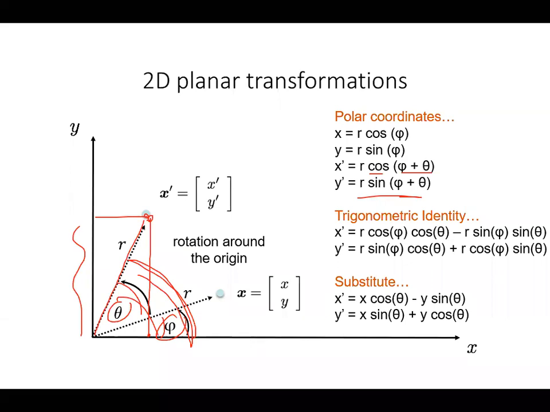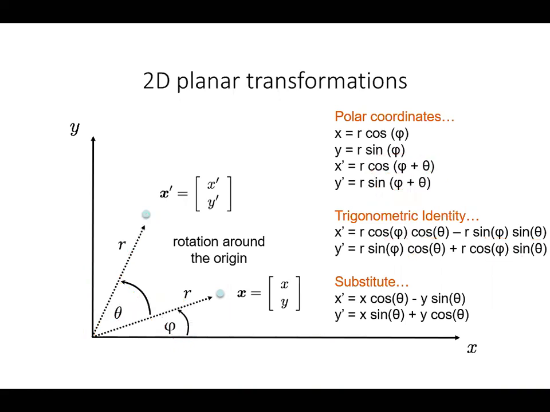But do you remember the trigonometric identity for cosine of phi plus theta or sine of phi plus theta? If you review that, you will find that cosine is cosine cosine minus sine sine. The sine will be sine cosine plus cosine sine.